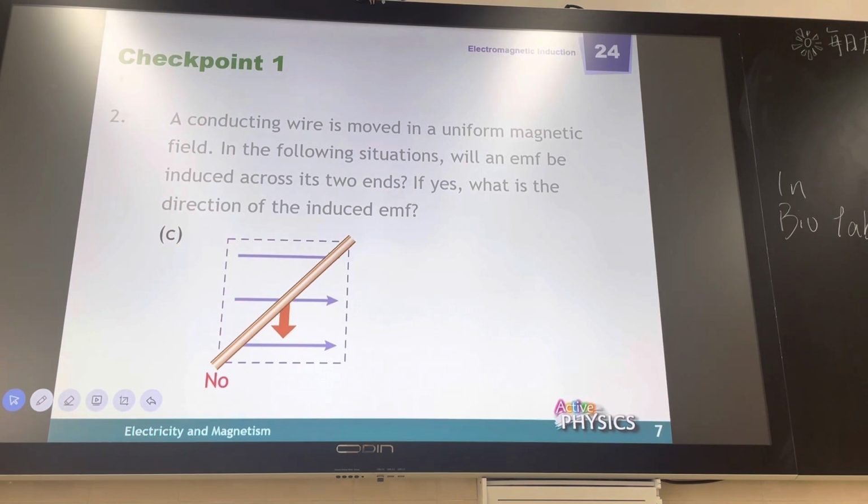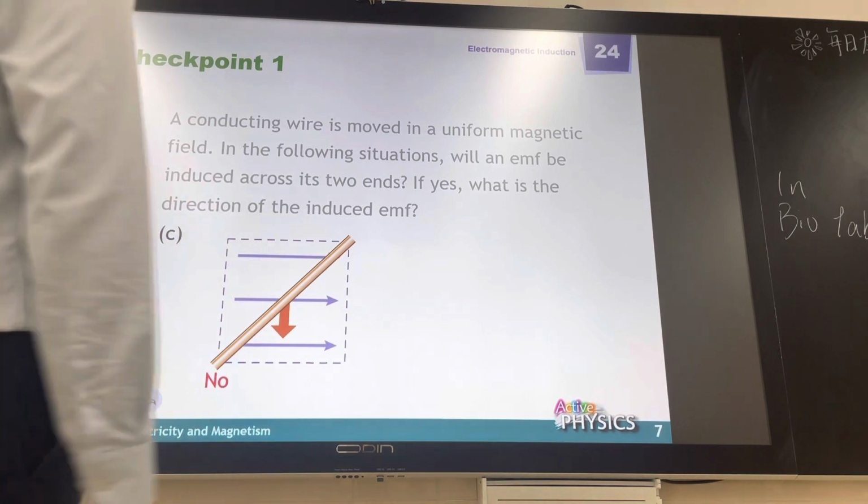However, for the current, it can't go out from the bore of the wire. Okay, so there will be no current or no induced EMF here.